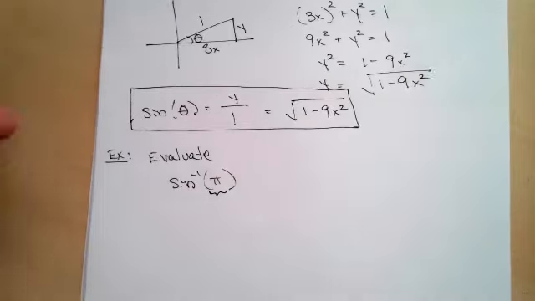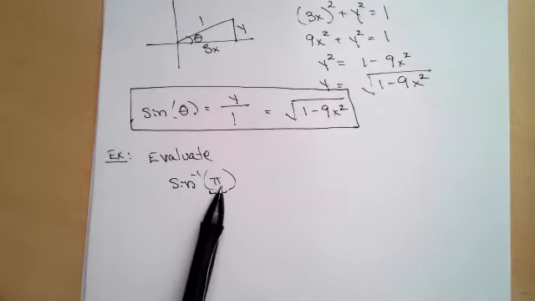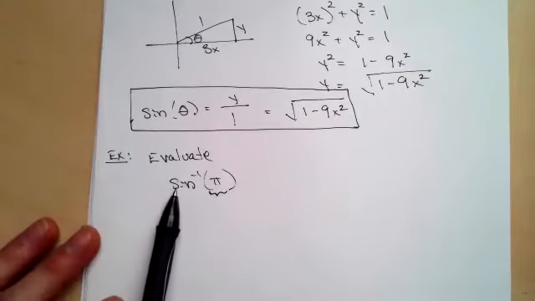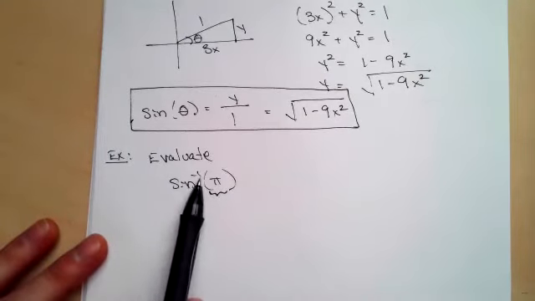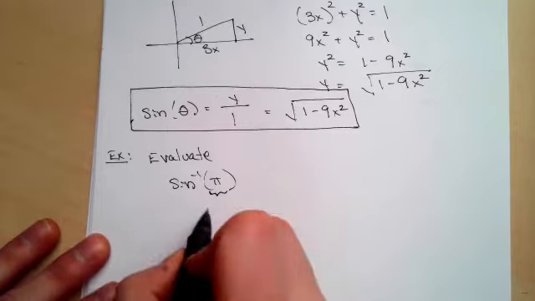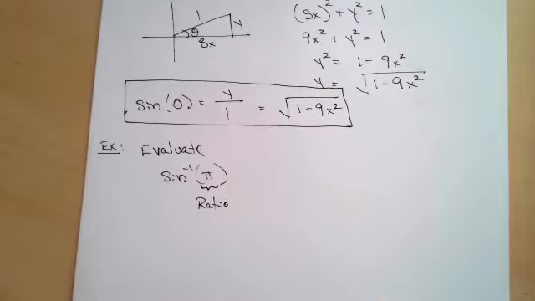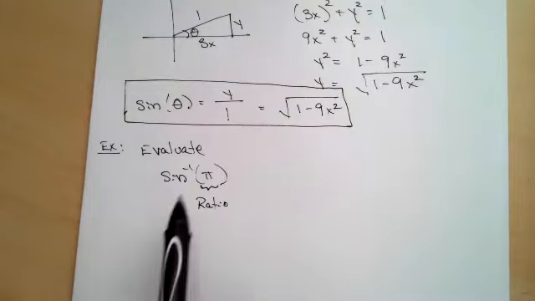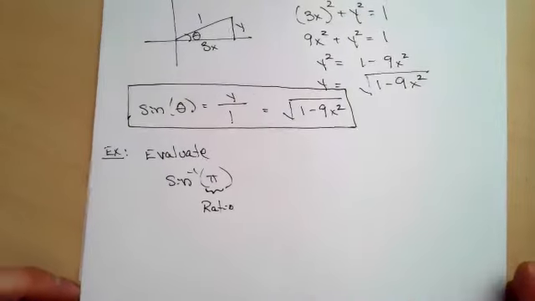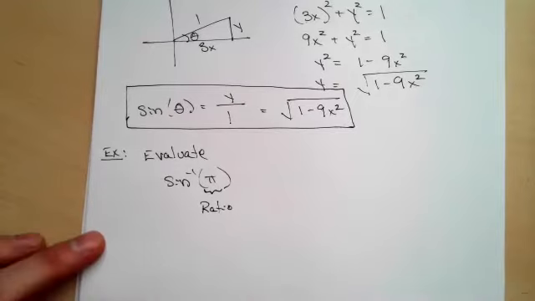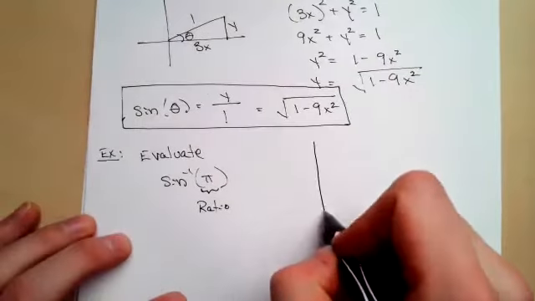Remember, pi is just a number, and it can be used in different situations. In this case, we are evaluating an inverse trig function, meaning that the ratio is pi. And we're supposed to have some angle whose sine ratio is pi. Well, what would that look like?